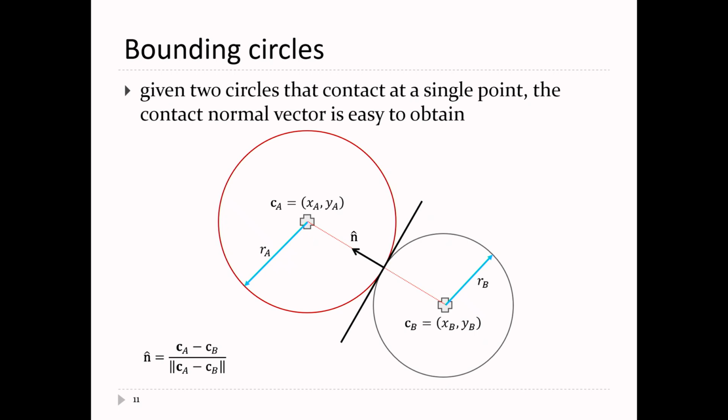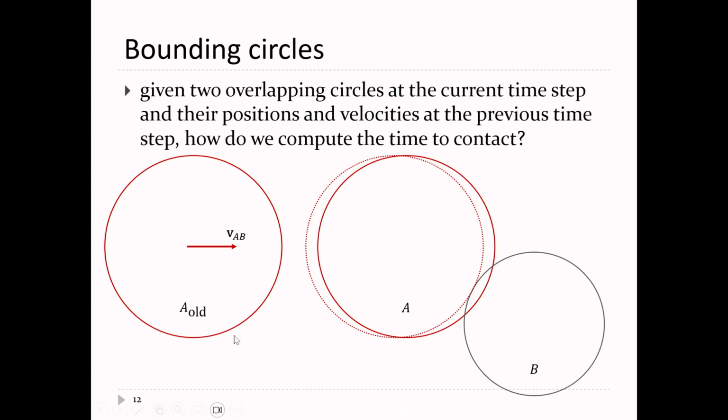The slightly trickier part is how do you compute the dotted circle? So remember what happens here. At the previous time step, the red circle was not colliding with B. So A old is the position of A at the previous time step.